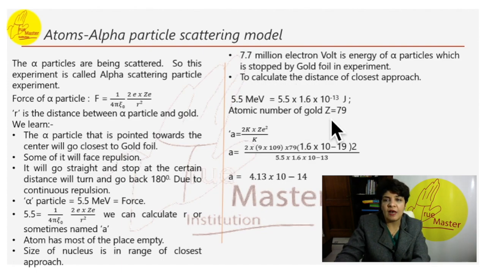So we put the value 79 here, with 9 into 10 to the power 9 and 1.6 into 10 to the power minus 19 squared. Substituting all the values, the distance of the closest approach comes out to be 4.13 into 10 to the power minus 14.